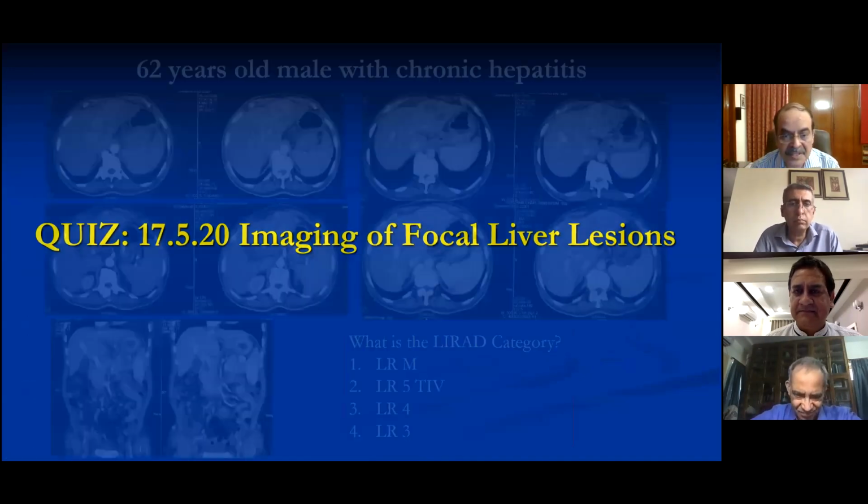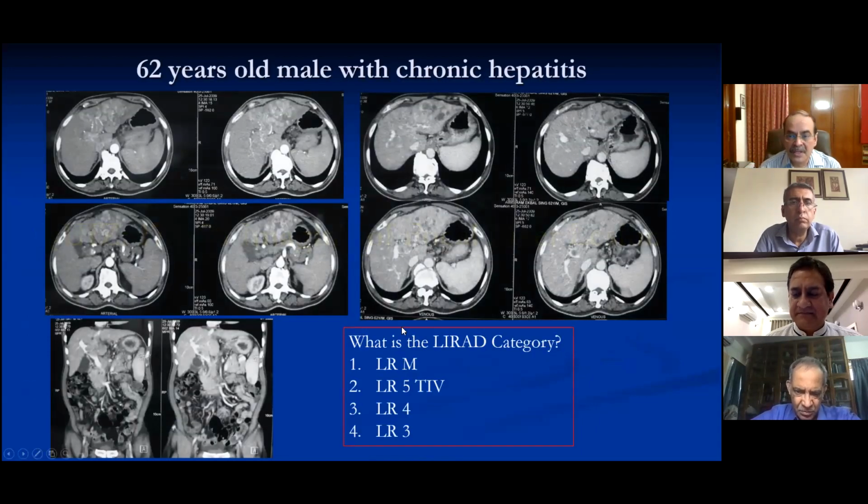So the first image is of this 62-year-old male patient who had chronic active hepatitis. And this was the CT that he underwent. These are the arterial phase images. The first panel is the arterial phase. The second panel is of the venous phase image.